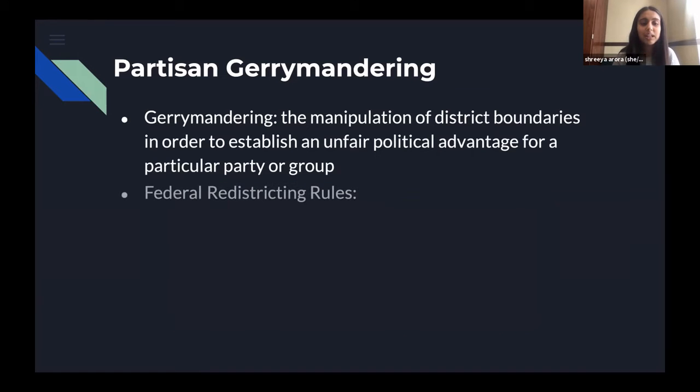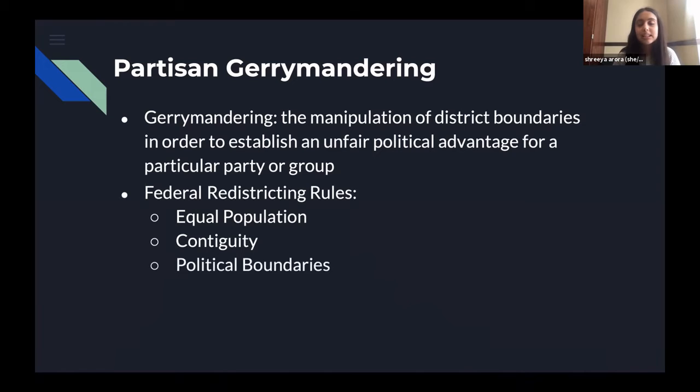The federal government has tried to combat this by creating some rules for redistricting. This focuses on having an equal population in every district, having contiguity. This means that the district needs to be connected in some way, so you don't want fragments separated and just having all of the precincts grouped together. Then next is political boundaries.